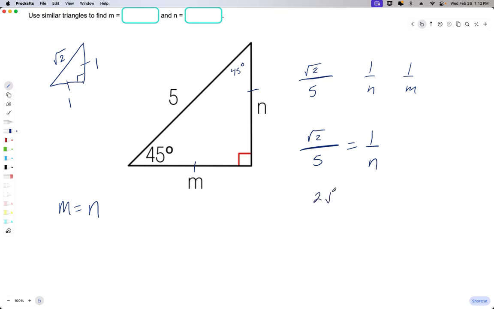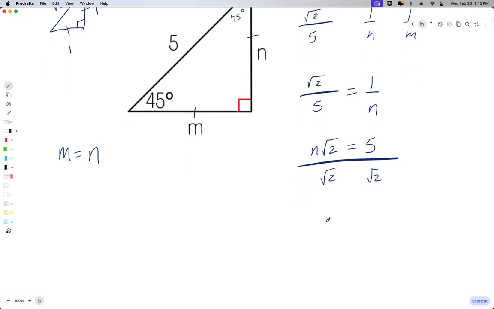That means 2 times the square root of n is equal to, I did that backwards, didn't I? n times the square root of 2 is equal to 5. So if I divide both sides by square root of 2, I get that n is equal to 5 over the square root of 2, but we cannot leave it like this because we cannot have a radical in the denominator.